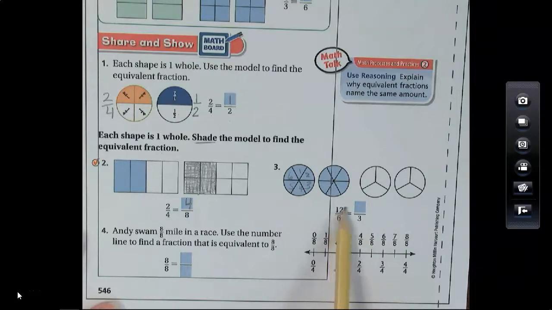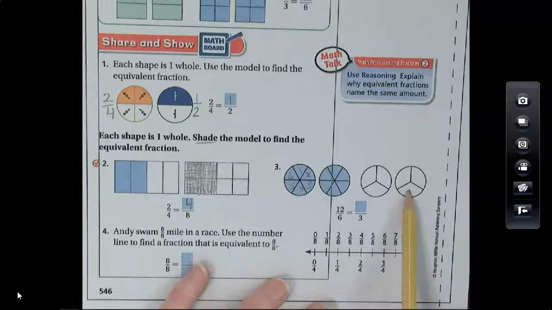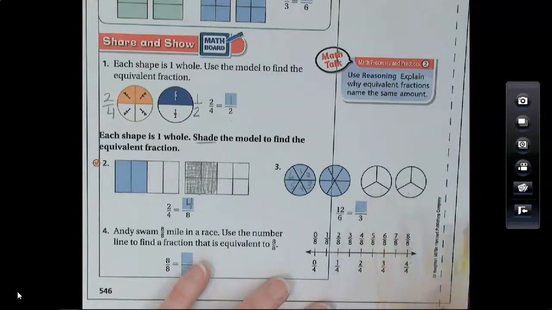With a fraction greater than 1, you have the bigger number on top. So you count all the pieces, there are 12. So there's 12 over 6 that goes with these 2 circles that are blue. Now we're going to shade in our other circles to match this. So we're going to shade in as much on these 2 circles as what was shaded in on the blue ones. So shade them in so they match the amount that's shaded in.